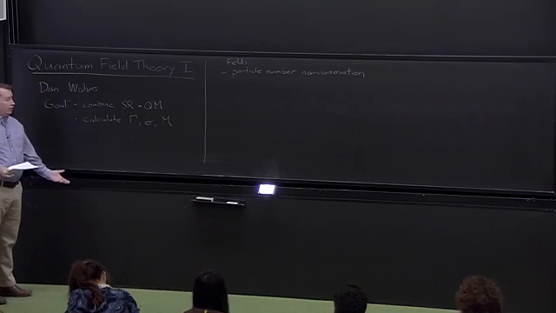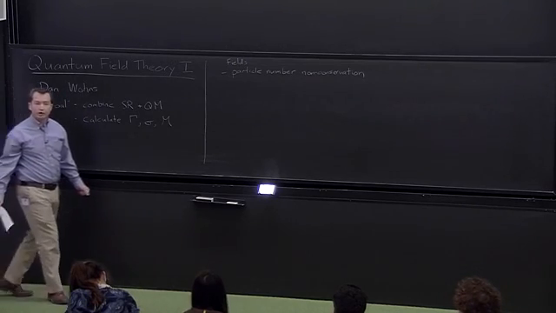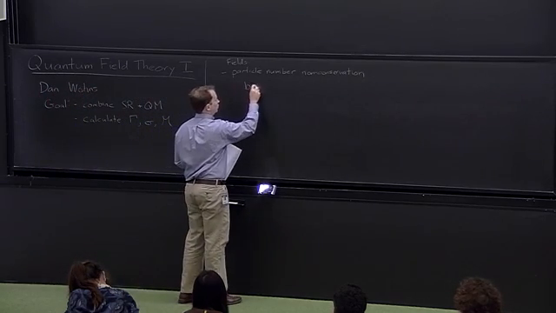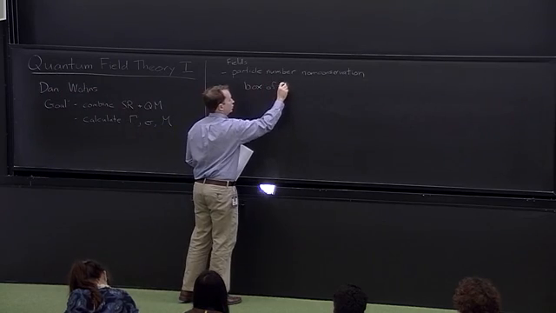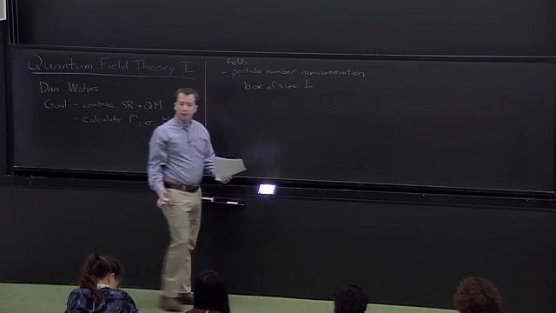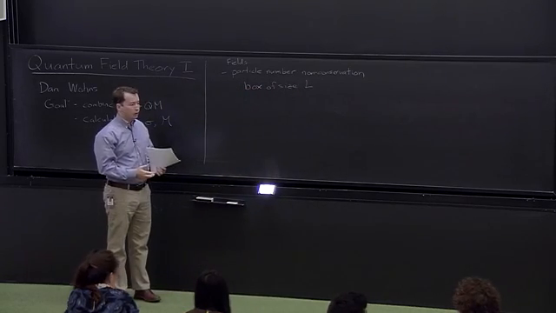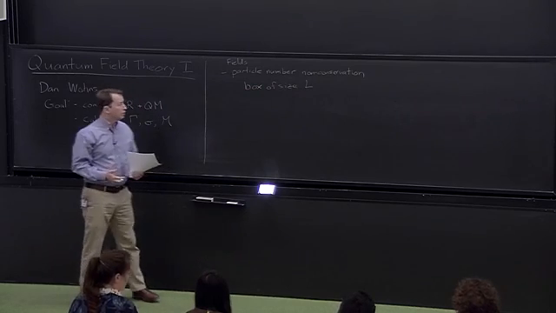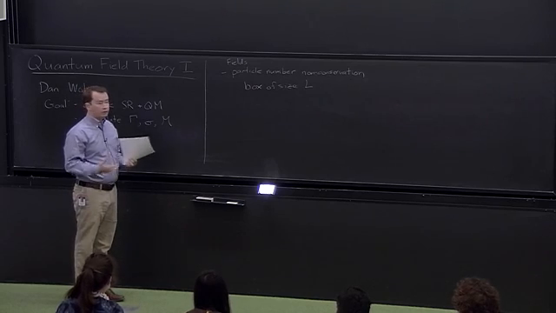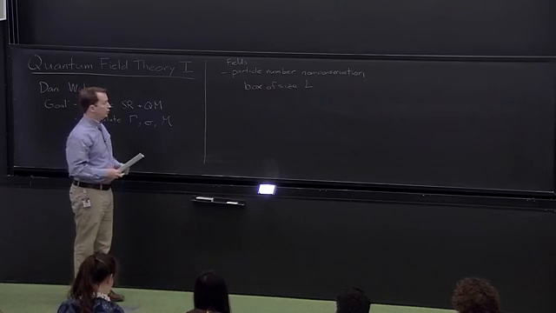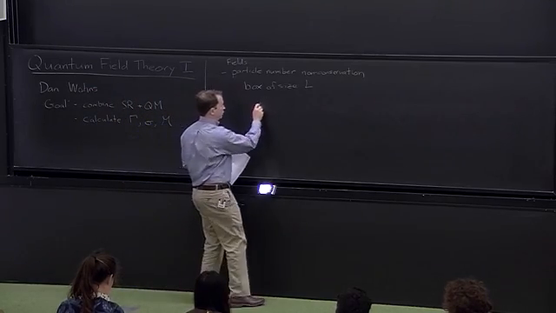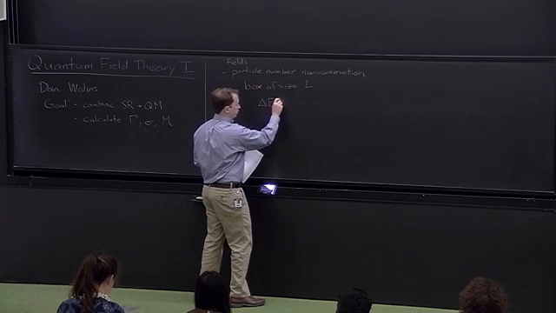To see why that's the case, you can imagine we've got a small box, say of size L, with a particle inside. If we make the box smaller and smaller, the uncertainty principle will tell us that there's an uncertainty in the momentum and therefore also an uncertainty in the energy of the particle.